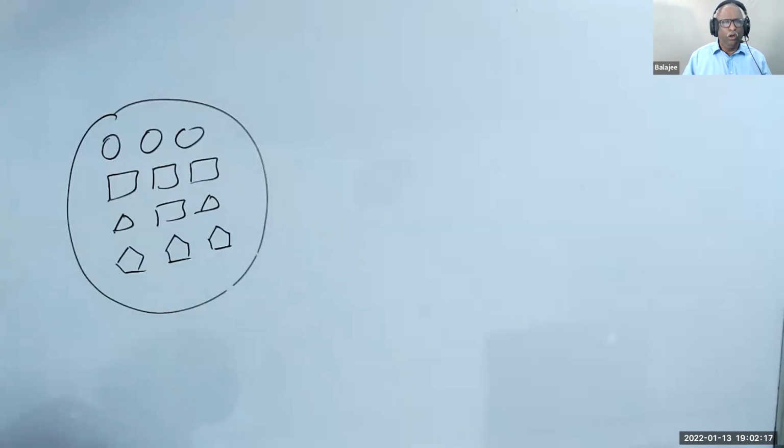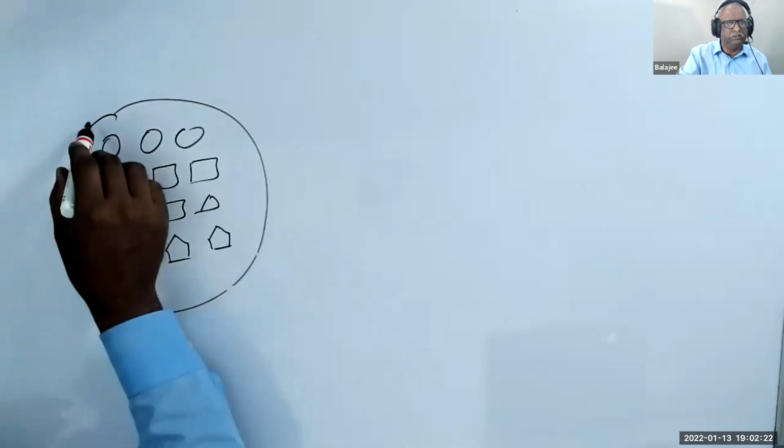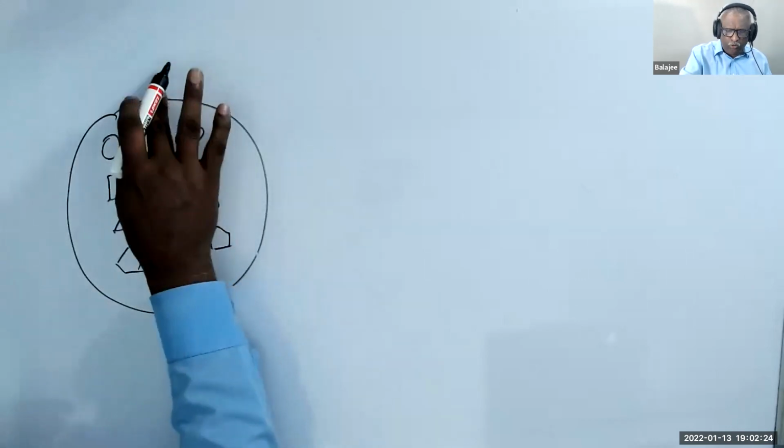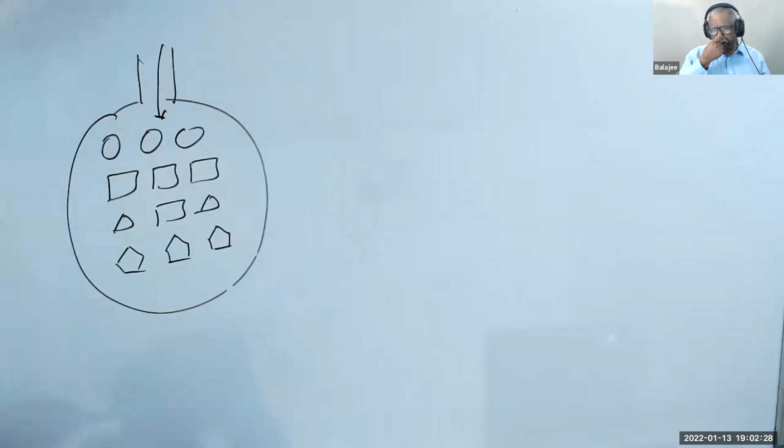Now you can put your hand in and take only one shape at a time. Let us assume that this is a closed box. You have a place to put only one hand and take a thing.